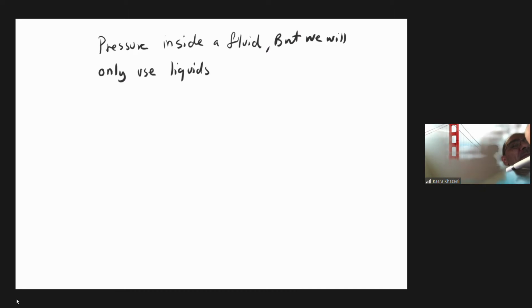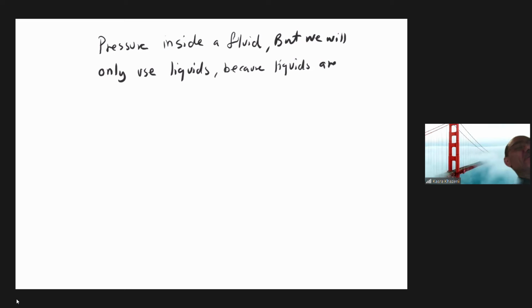This is inside any fluid, but we will only use liquids here because liquids are incompressible, as we talked about yesterday. So we said gases are compressible and liquids are incompressible.